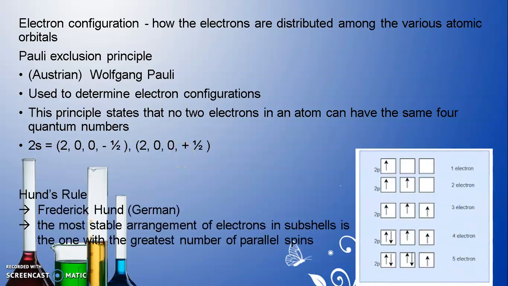And for Hund's rule, the one that I have given earlier about the p subshell or orbital, the most stable arrangement of your electrons is when it is distributed among the orientations before pairing it off if there is an extra electron.